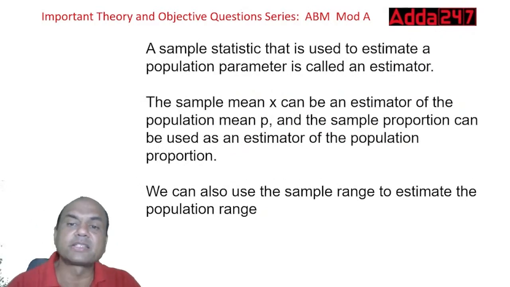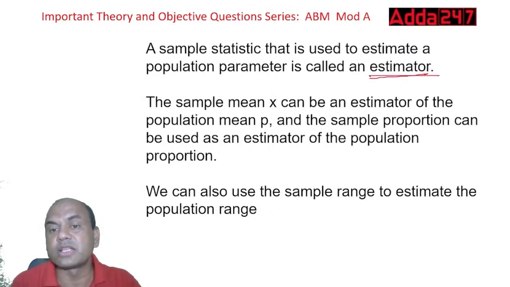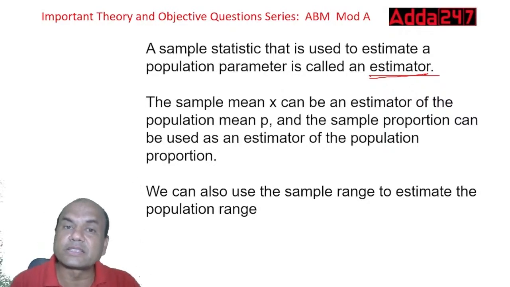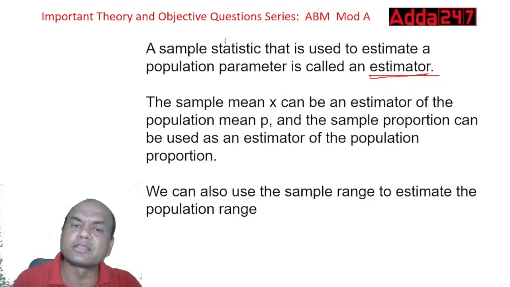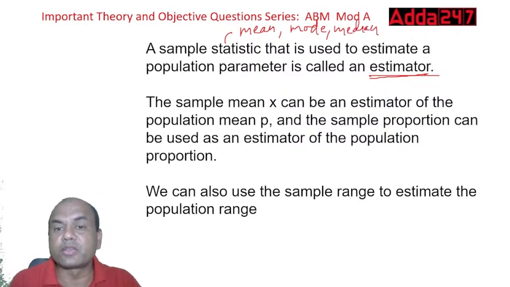A sample statistic used to estimate the population parameter is known as an estimator. Whatever statistic we are using, mean, mode, median, these are all statistics. That which is used to estimate the population parameter is called an estimator.